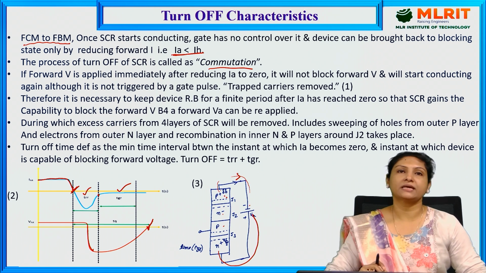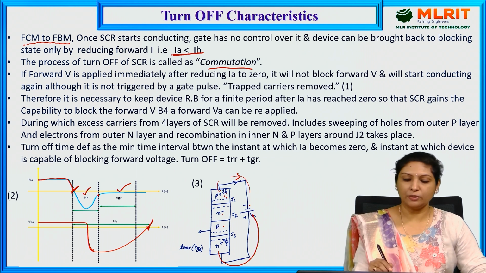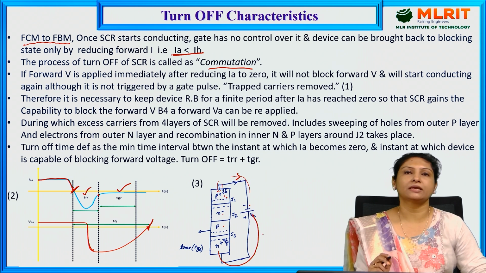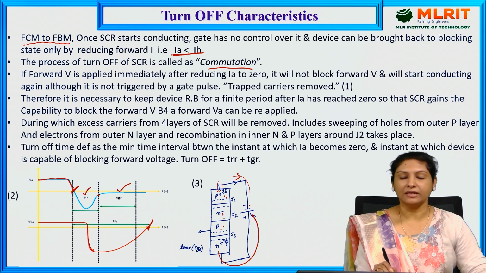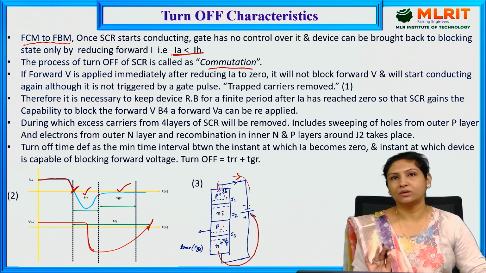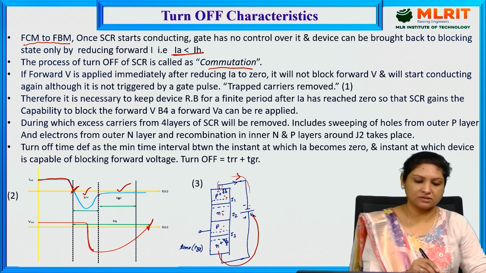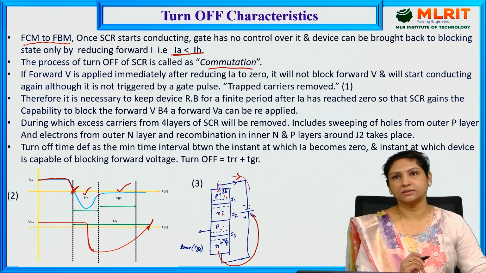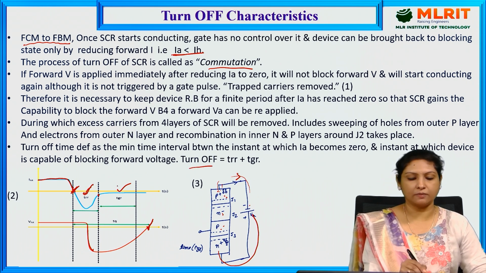During this time the excess carriers from the 4 layers of the SCR are removed, including sweeping of holes from the outer P layer and electrons from the outer N layer, and then later the recombination of electrons in the inner N and P layers around J2 takes place. Turn-off time is defined as the minimum time interval between the instant at which IA becomes 0 and the instant at which the device is capable of blocking forward voltage. That is, turn-off time is equal to the summation of reverse recovery time and gate recovery time.